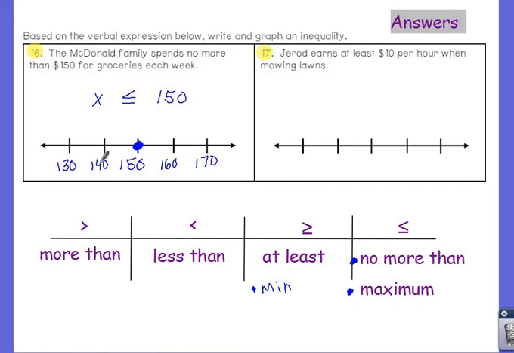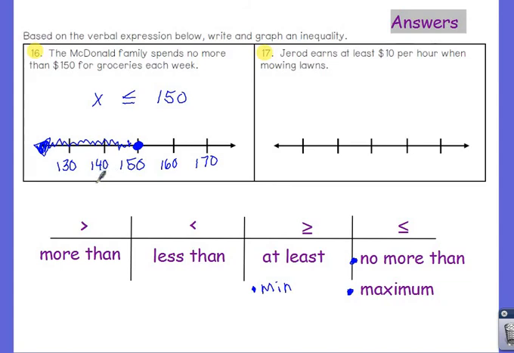Okay. Can they buy $140 worth of food? Yes. Can they buy $160 worth of food? So this side was true. Shaded to the left. And there's a graph of how much they could spend.